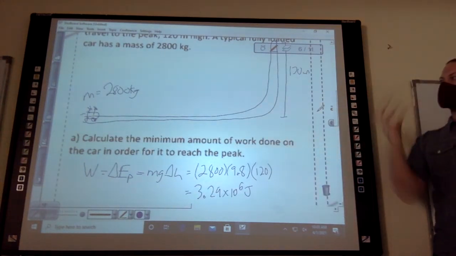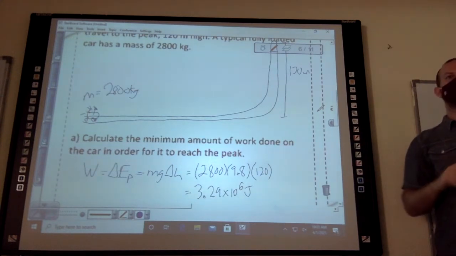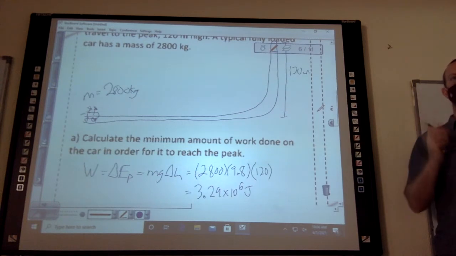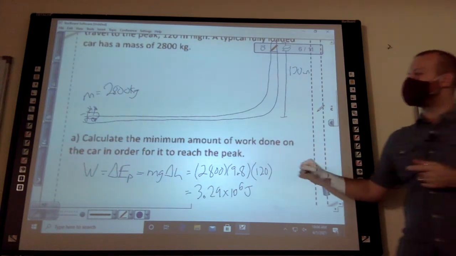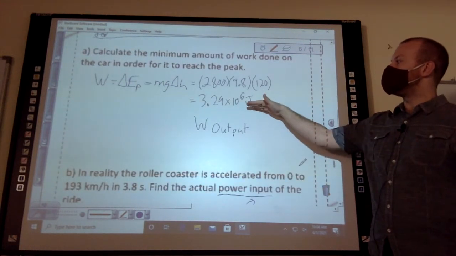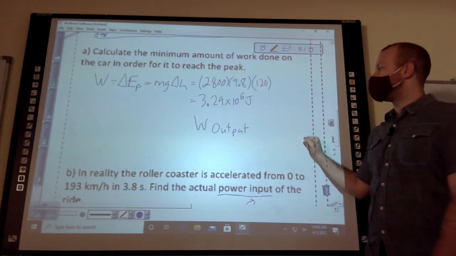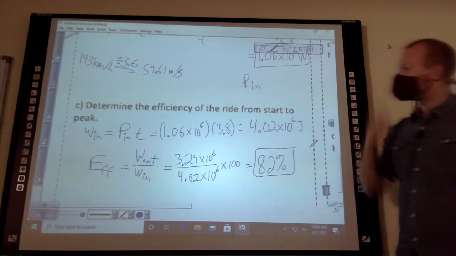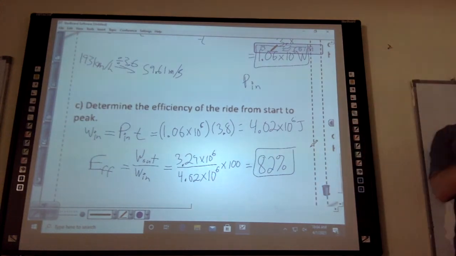So in the closed system, we are also looking at the track. We're looking at the air that's around the cart. We're looking at all of that. When we talk about, here's our output, that's the energy it has out. Here's the energy it has initially. The loss is just due to the cart itself losing energy.